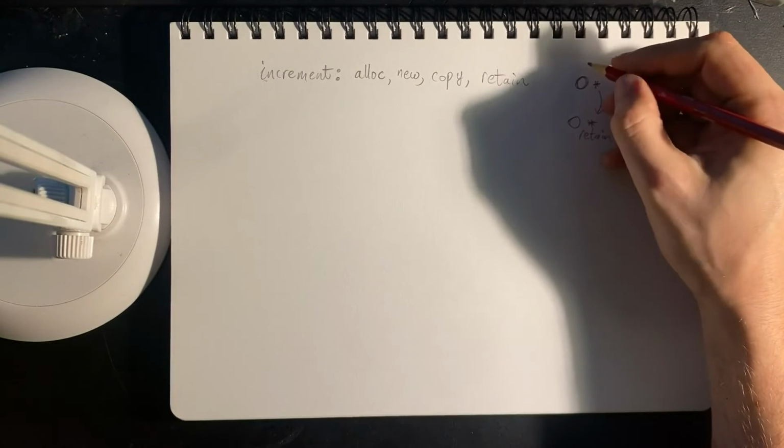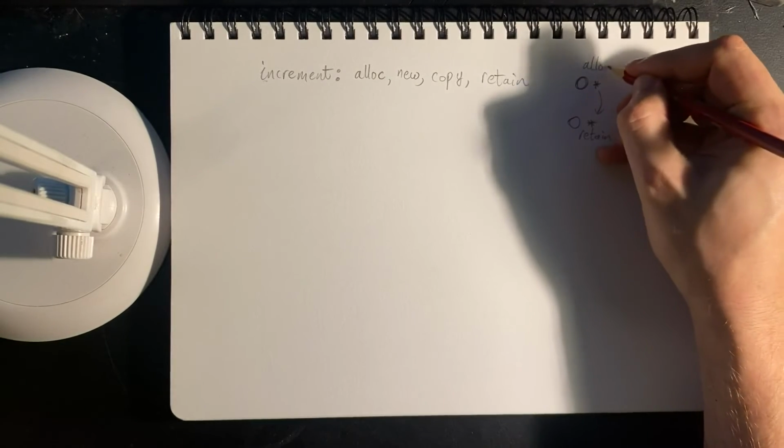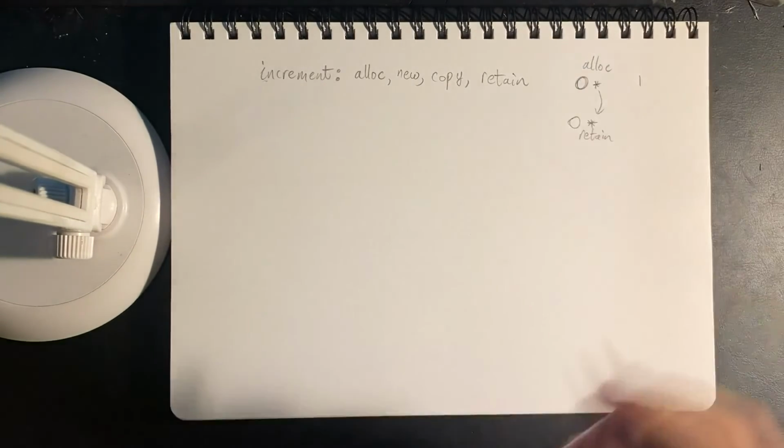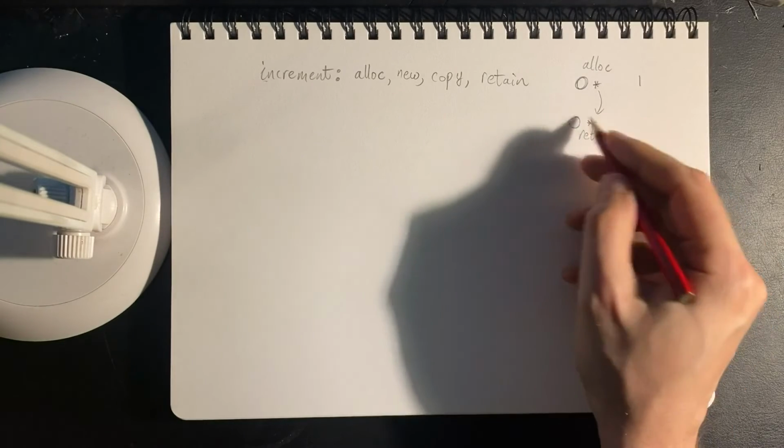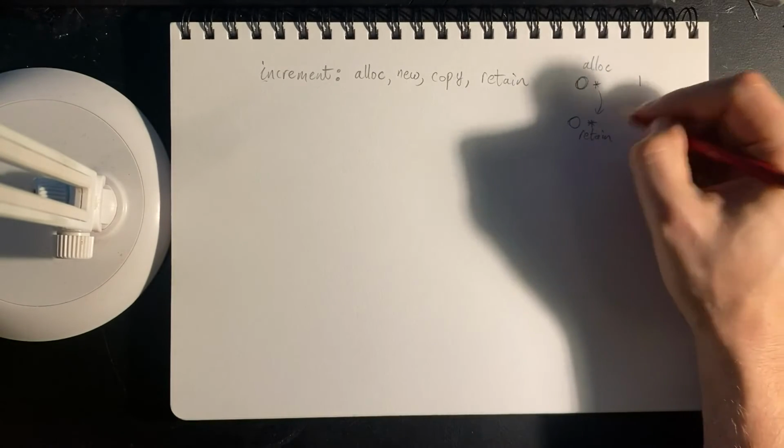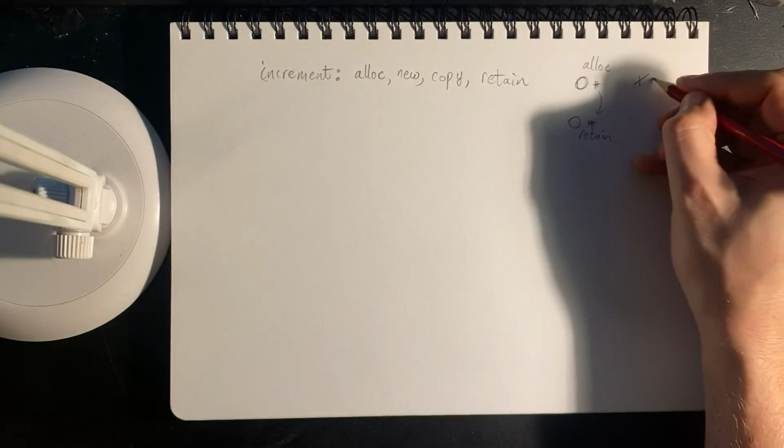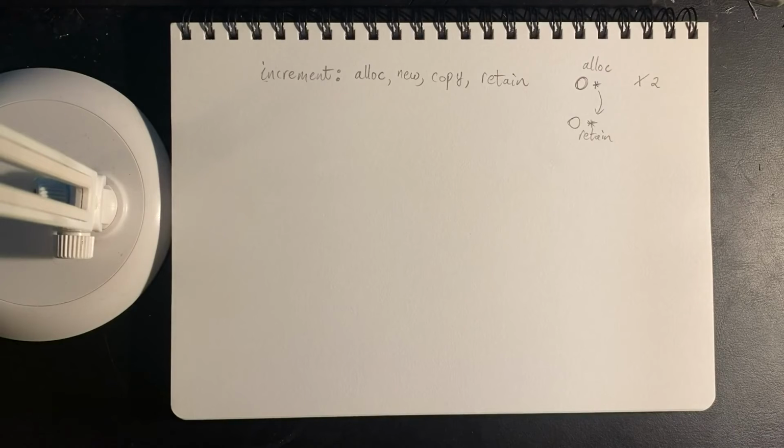So if the original thing allocated something, then the reference count would be 1. When this other instance retains that thing, now the reference count is incremented to 2. And this is really great when we want to pass an instance of, say, a window, in our case, from one object to another, and reference count it properly.